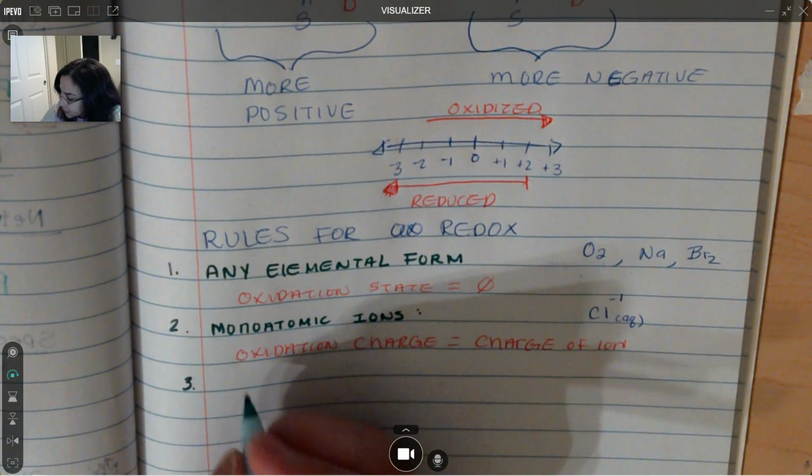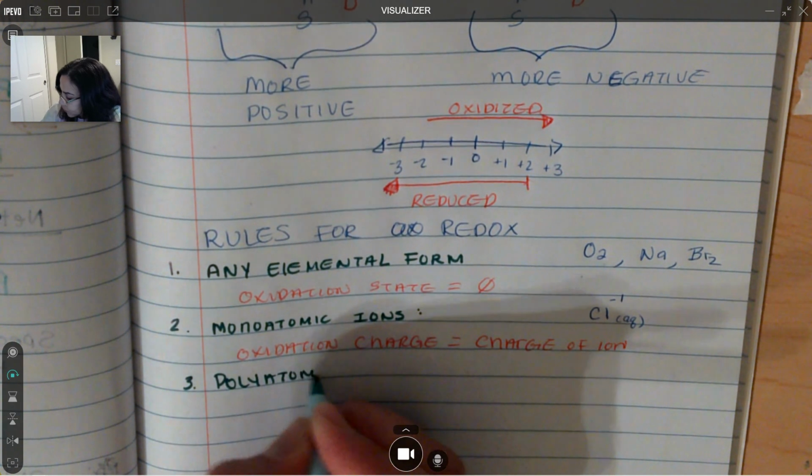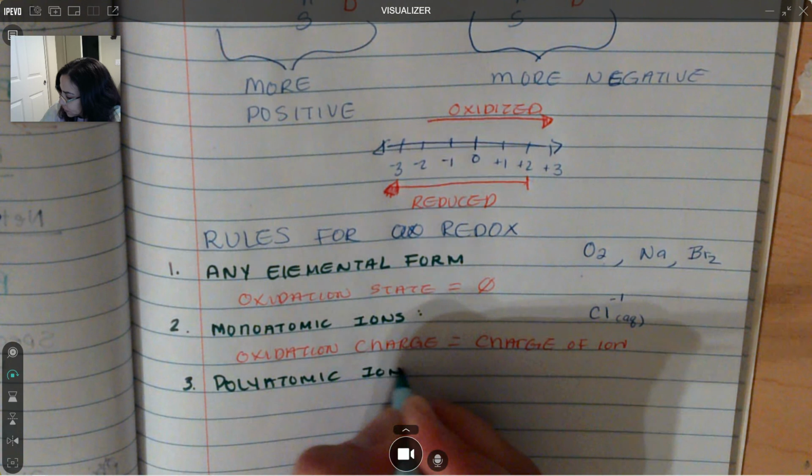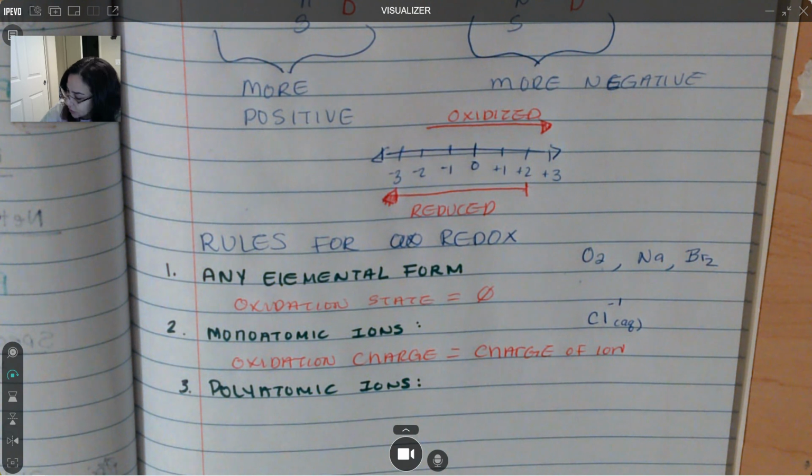Number 3, polyatomic ions. That means ions with more than one atom.